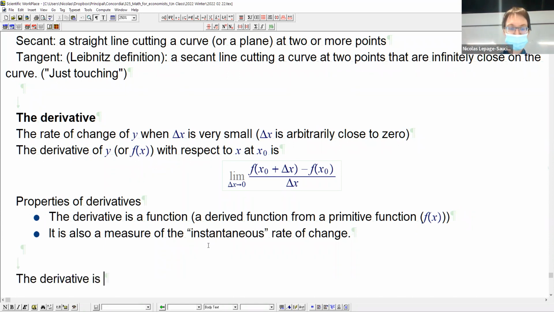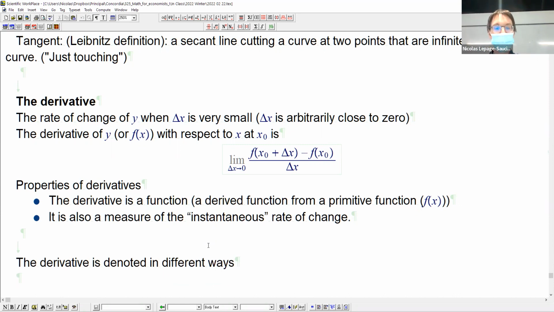So the derivative is denoted in different ways. Some of you know them. Which notations do we use? But do you know who came up with them? What are the names of the people? Here I have 3: Newton, Leibniz, and Lagrange.